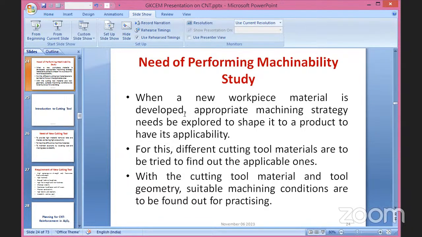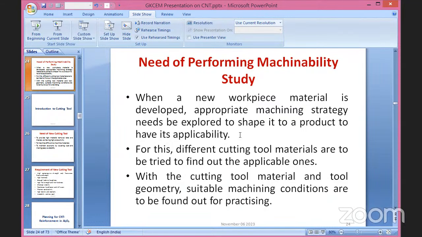Suppose the material scientist makes an extremely hard material, and he or she is very happy that it can have its typical applications. But mind that then the challenge comes to the machining person, how to shape it into a product. So an appropriate machining strategy needs to be explored to shape it into a product to have its applicability. That is the very challenge.